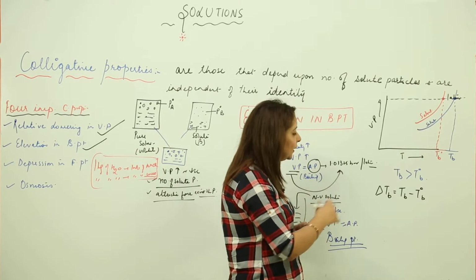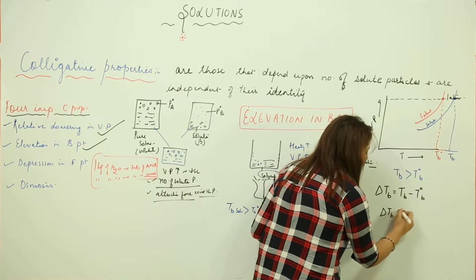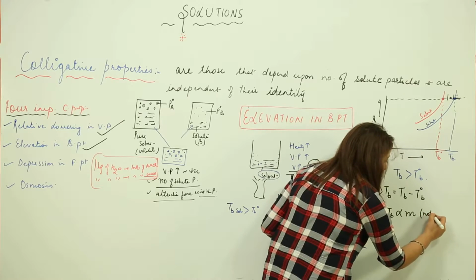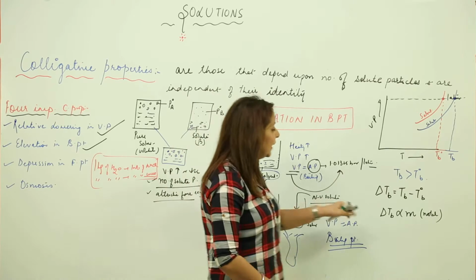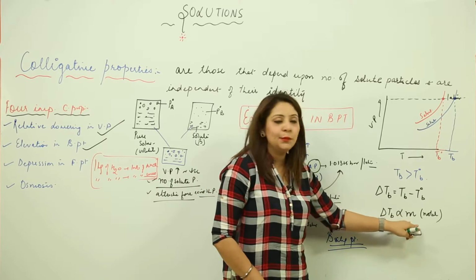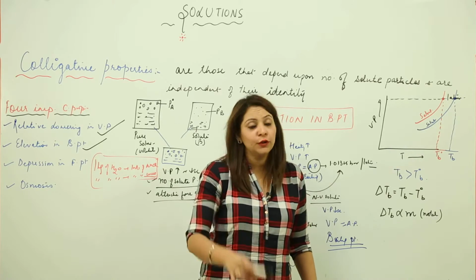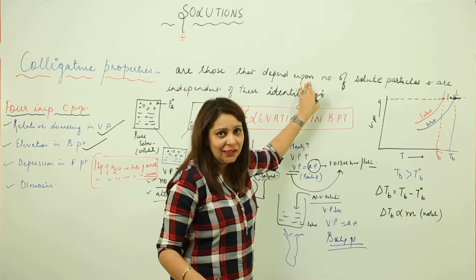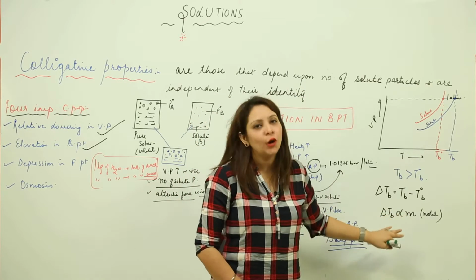We conclude that this elevation in boiling point is proportional to the molar concentration of the solute. That means it is directly proportional to the molar concentration, which proves that it is a colligative property, because colligative properties depend upon the number of solute particles, not on their identity.